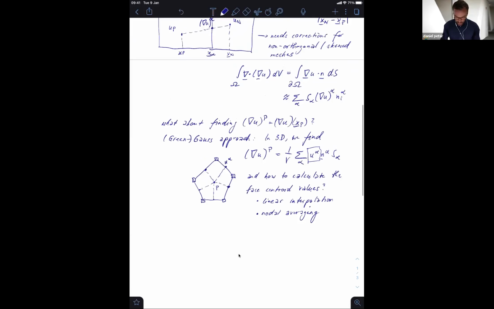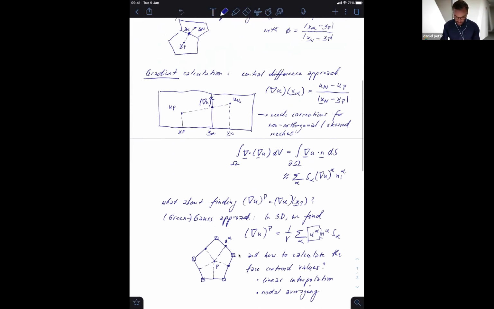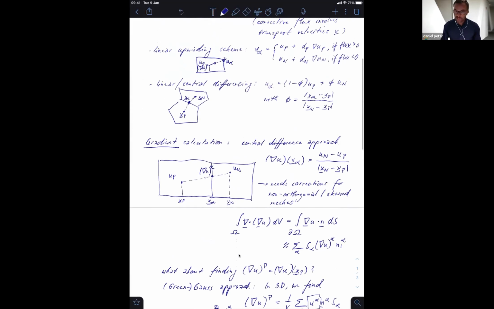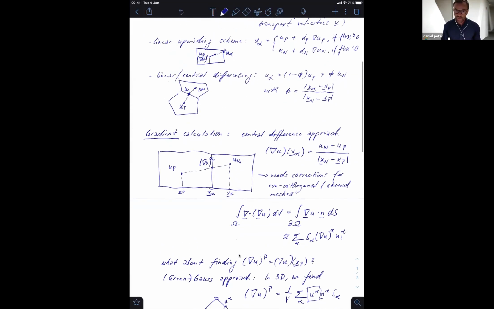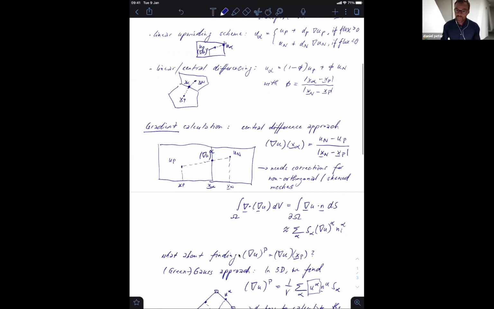In our 1D world, this is much simpler. For now we can just use this central difference approach. Now we have the gradient at the face, and then find the expressions that we need.